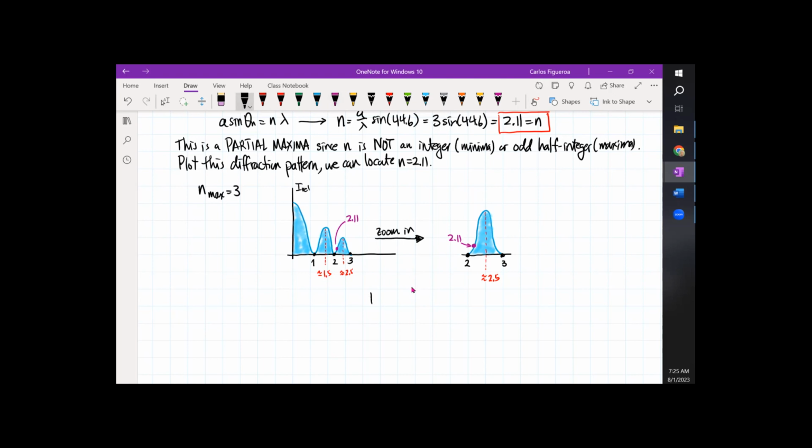So this is just beyond the n equals 2 minima, and therefore closer to a minima than a maxima.